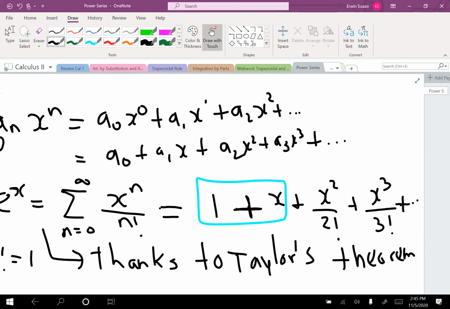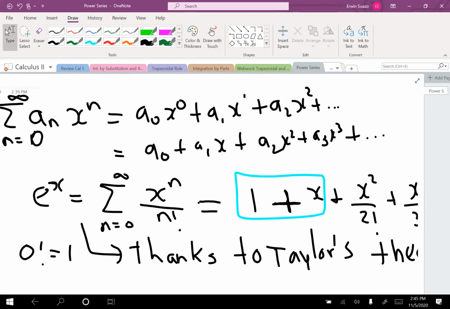And this is coming from calculus 1. What do you think is happening? I'm approximating my exponential around 0 with 1 plus x. Have you ever seen this before?